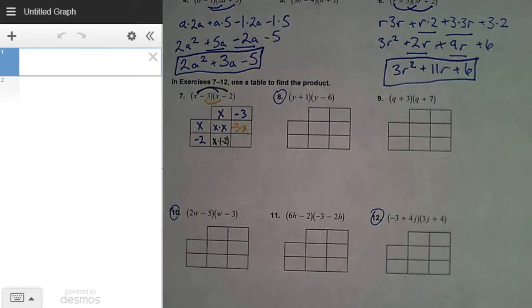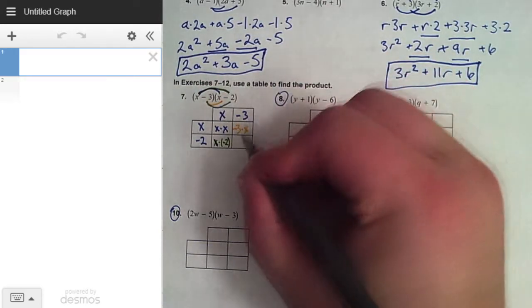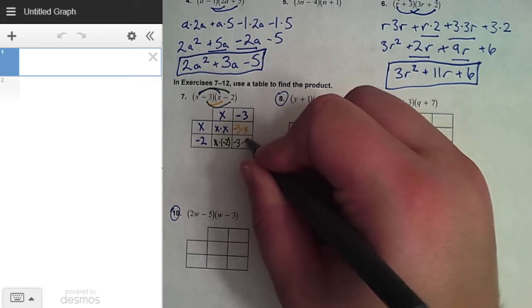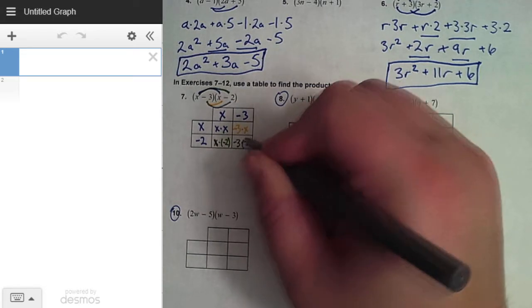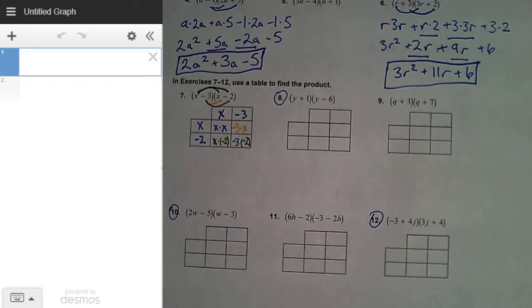And last, that negative 3 times the negative 2. And it just organizes what we were doing with the distributive property. It makes it a lot easier for us to just walk through the problem.